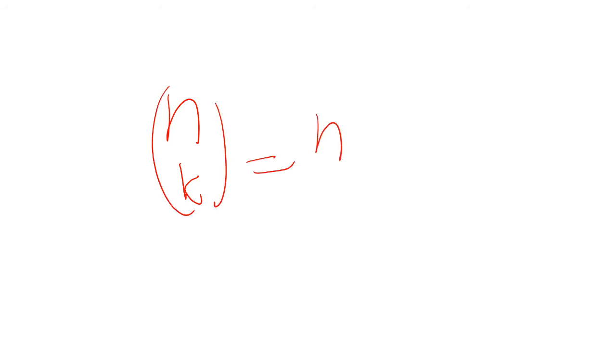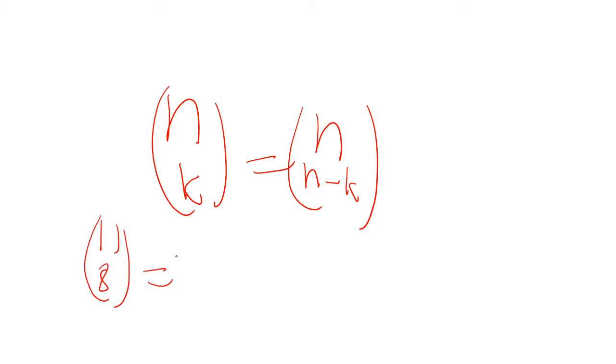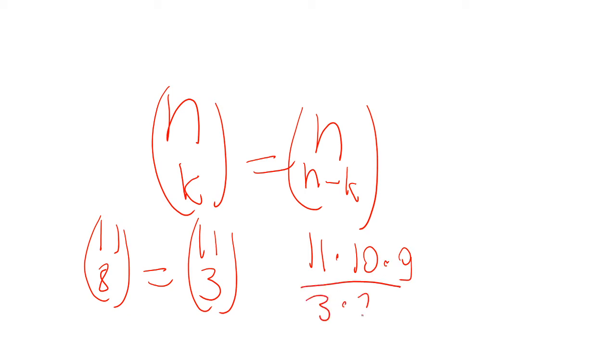So n choose k can be written as n choose n minus k. We can see that in our problem: 11 choose 8 can be written as 11 choose 3. In this case, n is 11, k is 8, and 11 minus 8 is 3. That goes in the bottom. 11 choose 3 can be easily computed, with 3 factorial.